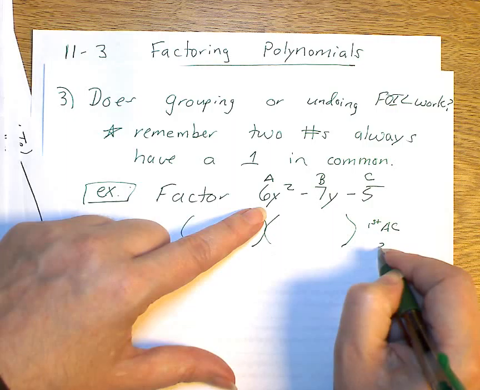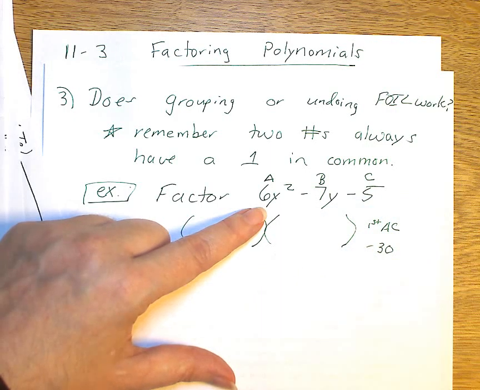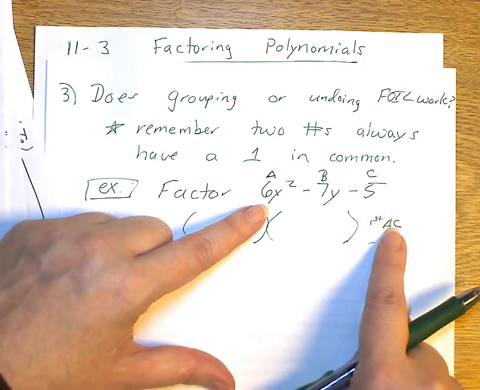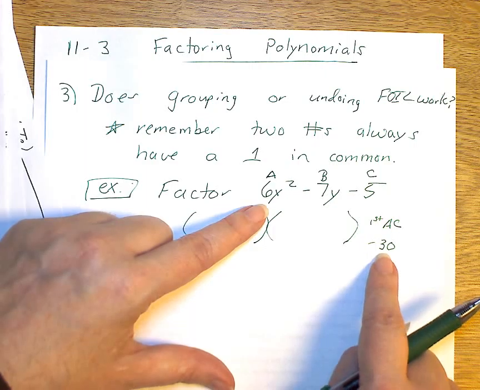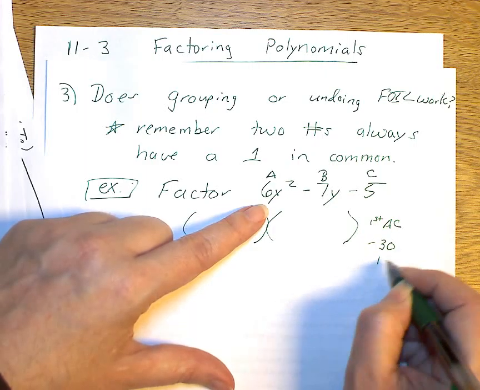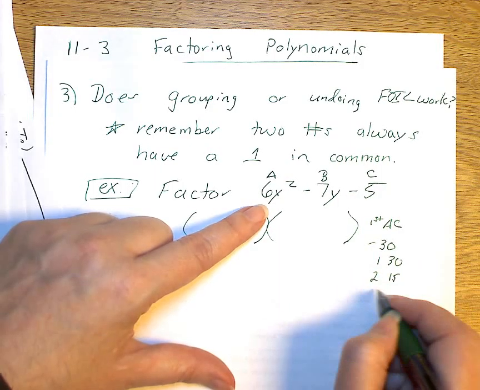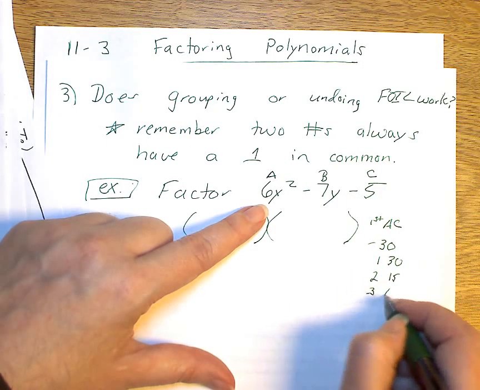And we can even do negative 30 if you want to. It doesn't really matter, the negative at this point wouldn't matter. So we're looking for two numbers that multiply to give me 30. What numbers give me 30? Well, 1 and 30, 2 and 15, and 3 and 10.